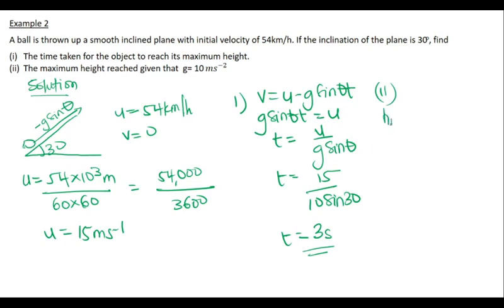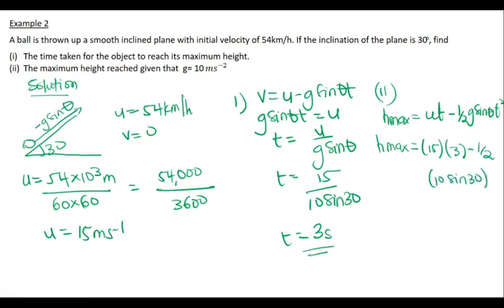Let's look at the second aspect, the maximum height reached by this body. Our maximum height, h max, is equal to ut minus half g sine theta t squared. Our initial velocity is 15, our time is 3, then minus half, our gravity is 10 sine 30, and our time is 3 again, squared.